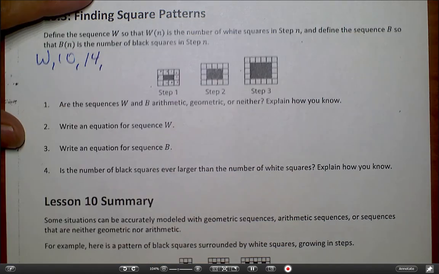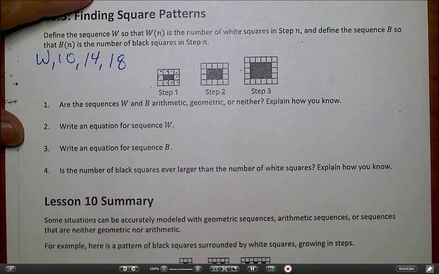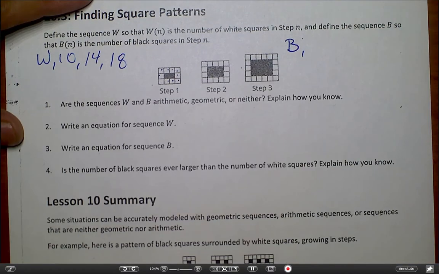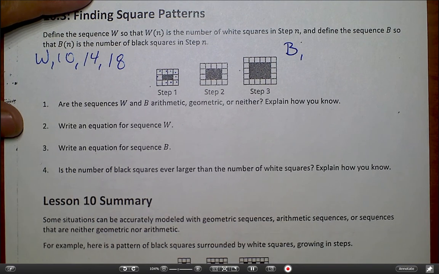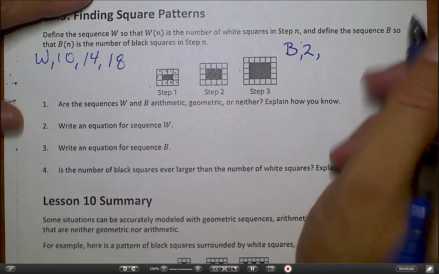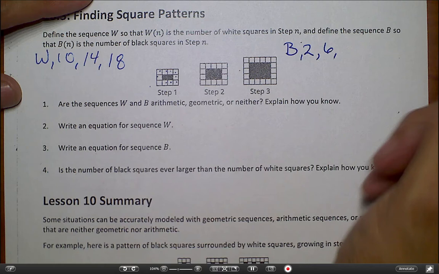How many white squares in the third one? 18. Okay, so now let's do the black side. How many black squares are in the first one? 2. How many black squares in the second one? How many black squares in the third one?